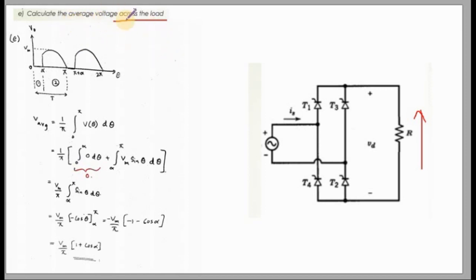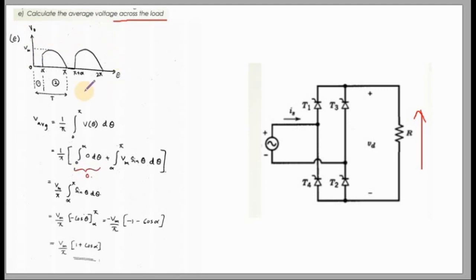This is for all the scenarios. If you need to calculate average voltage across something, first you have to find the voltage waveform. So in part B we worked on this voltage waveform.